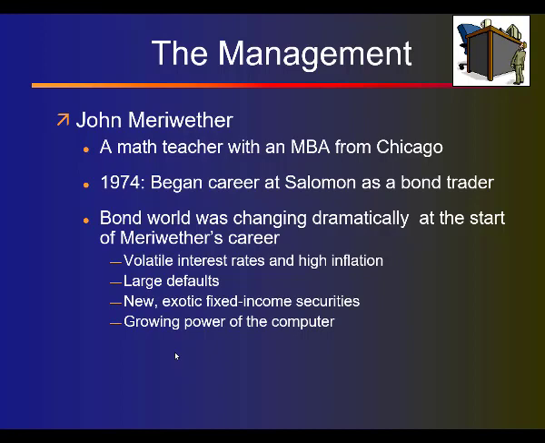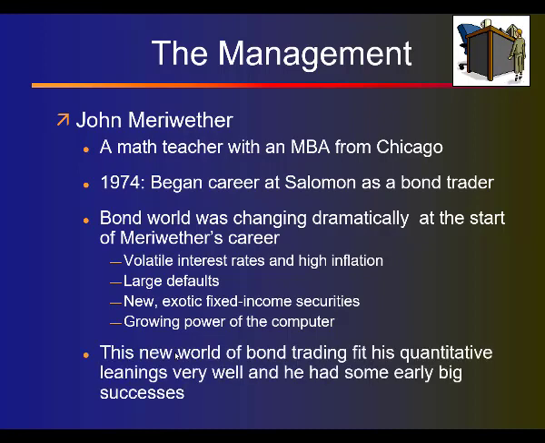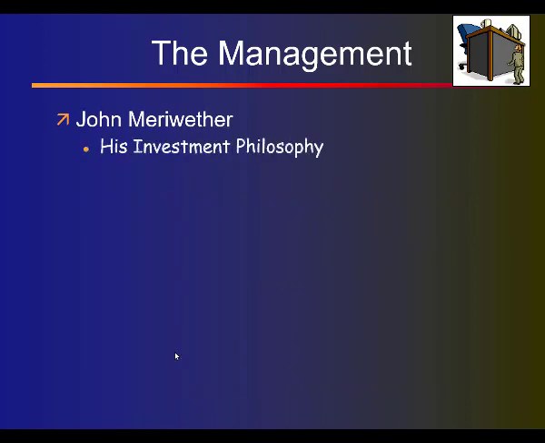The computers were coming online. William Sharpe was a big push to getting finance to use computers. So this is the perfect time for Merriweather to come in. He wasn't the only one doing this, but he's one of the ones, a small world of people. There wasn't a crowd of people doing this. It was a pretty small group of people, though a few really large firms were into this.